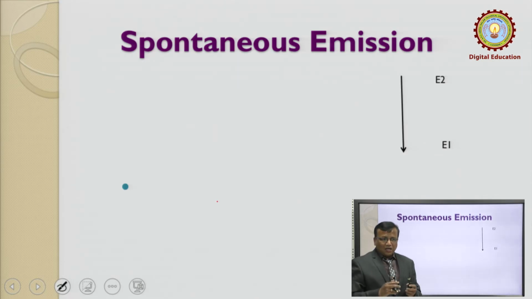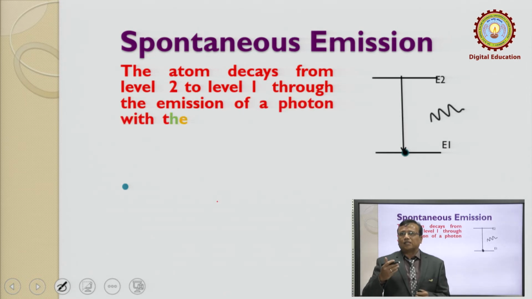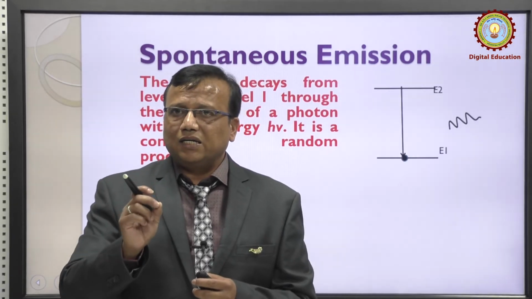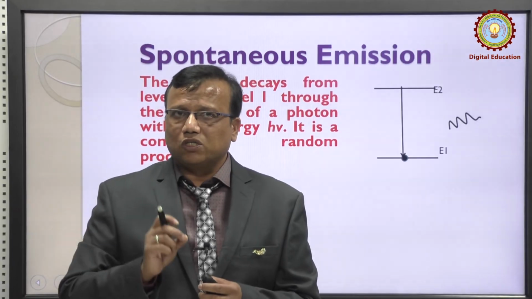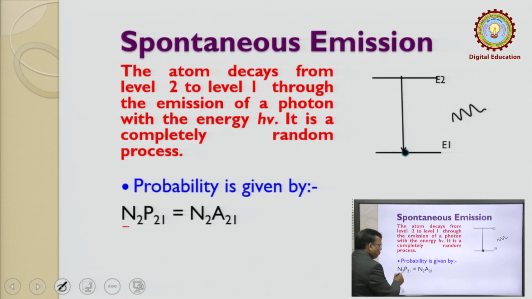As we have seen, when an atom absorbs energy and jumps to the excited state, it can remain in the excited state only for about 10 to the power minus 8 seconds and jumps back to the ground state spontaneously by emitting a photon equal to the energy difference of the excited state energy and ground state energy, and the probability of the spontaneous emission is given by N2 P21.